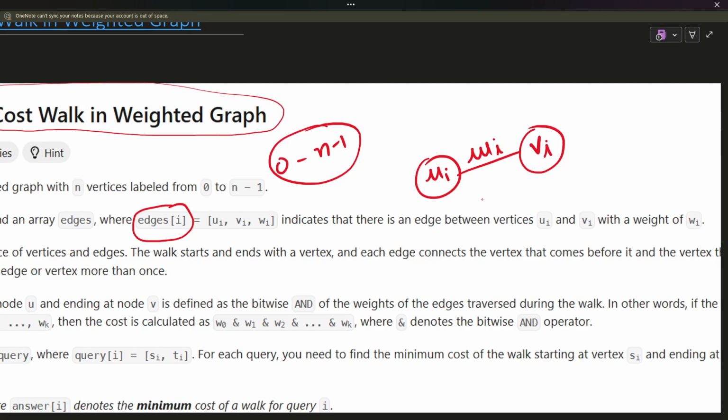It is an undirected graph, so you can move from u to v and from v to u. So yes, it's an undirected graph.